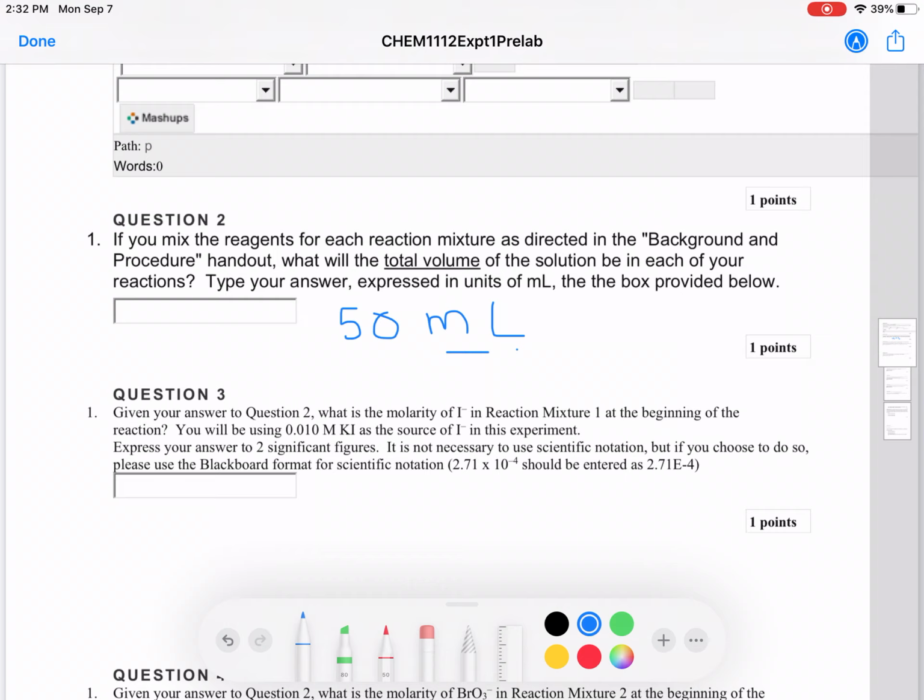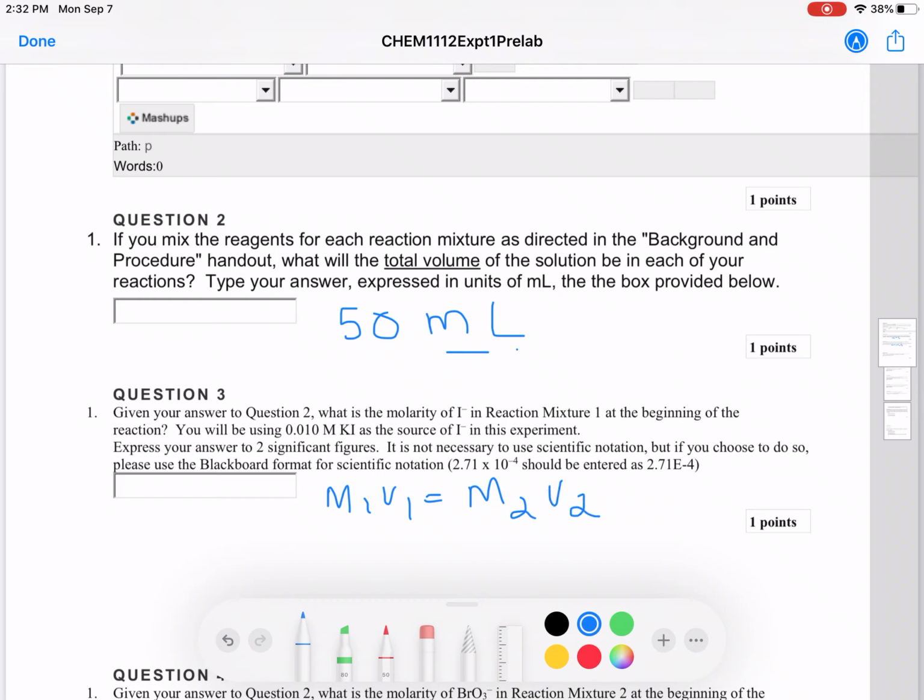And then question number 3. Given your answer to question 2, what is the molarity of iodide in reaction mixture 1? Okay, so you will be using 0.01 molar KI. So you can find the concentration of iodide. We can use M1V1 equals M2V2.